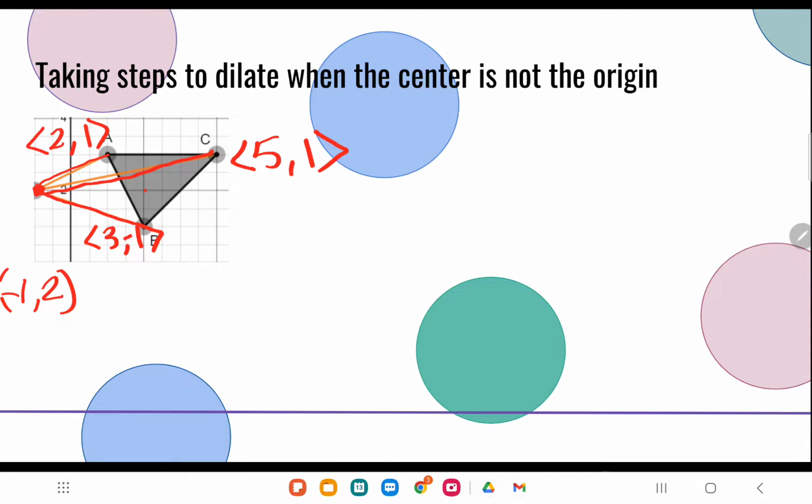Now, all I need to do is to take each vector and multiply by whatever my scale factor is. Then I can act as though my center of dilation is the origin and use that as a set of directions to plot the vertices for my image.